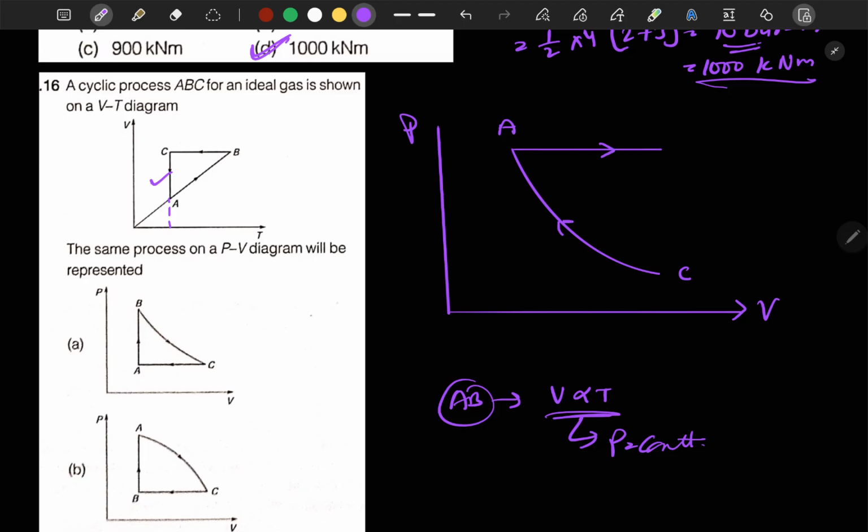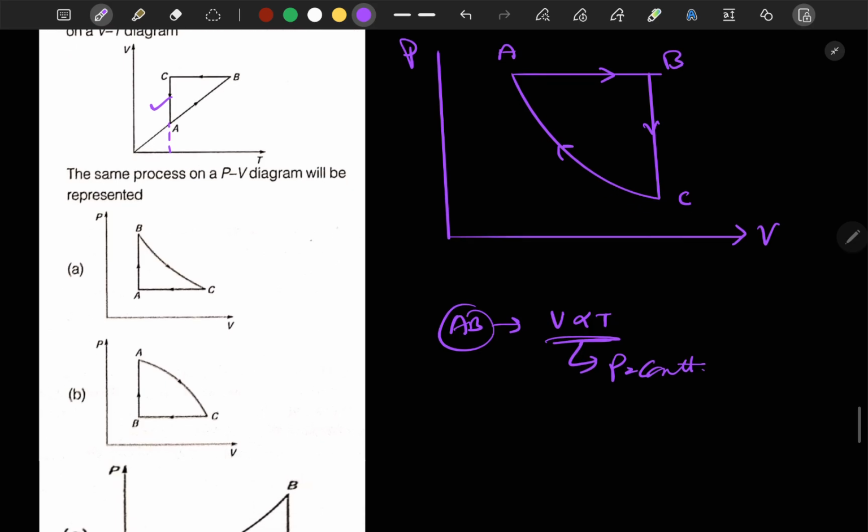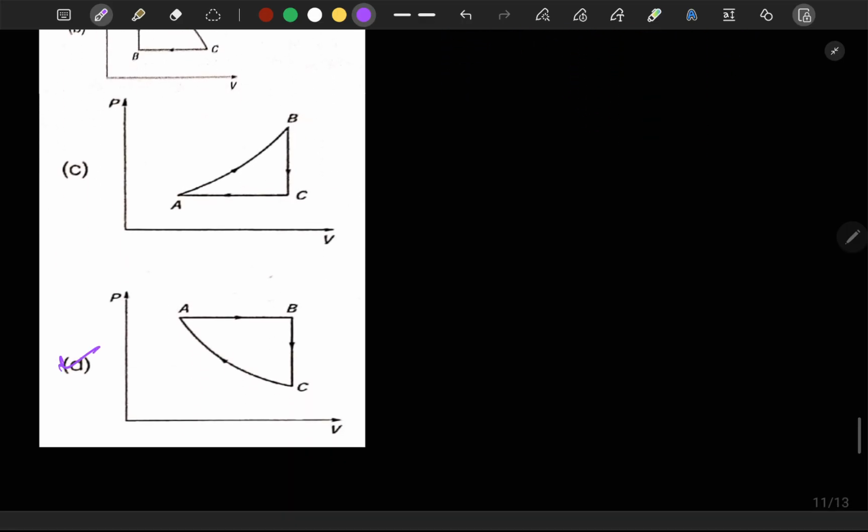So from A to B. Now one last process, B to C. In B to C, volume is constant. You can see that volume is constant, so you can draw the similar thing here. So we get this diagram ABC. Option D is correct.